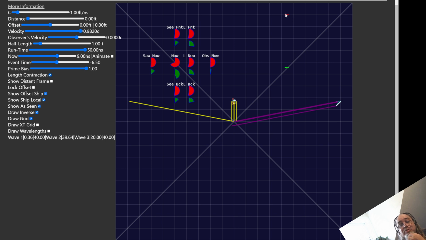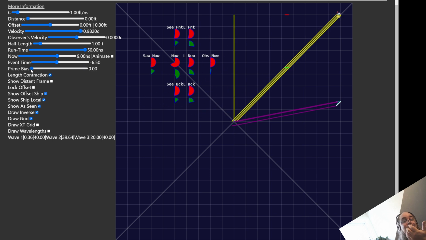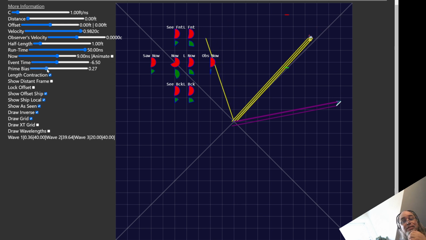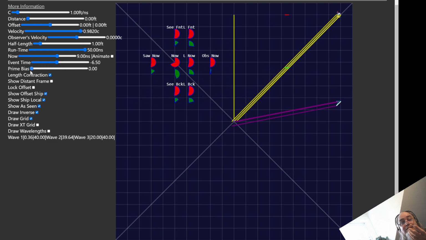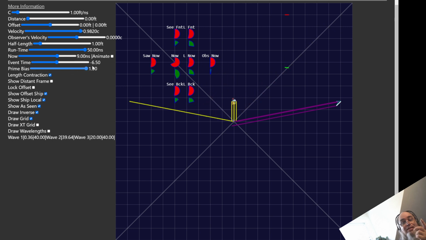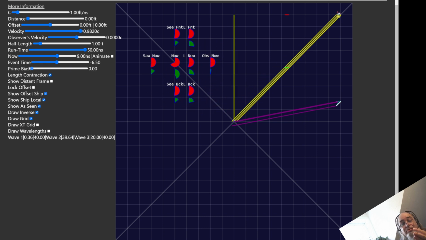But this is what the observer sees. These don't translate with the prime bias. Prime bias is to move between x and x prime and t prime in that Lorentz transform. Because this is my clock and my position, and this is their clock and their position, or their velocity. So ideally that's the transform, that's what the transform should sort of look like.